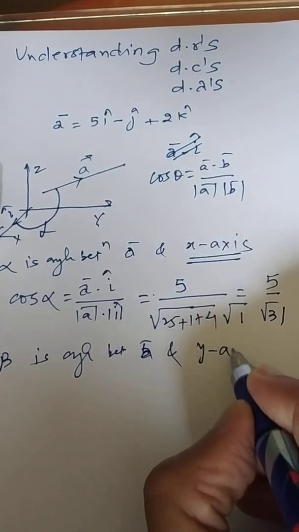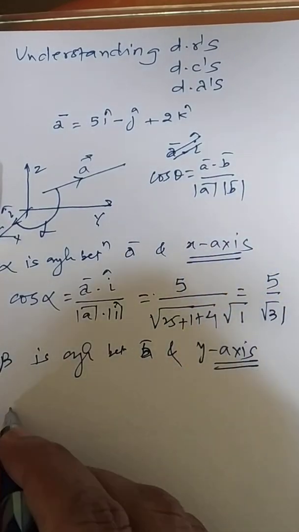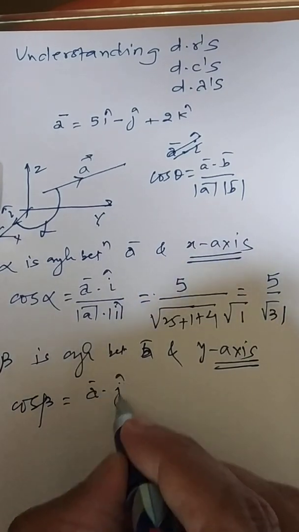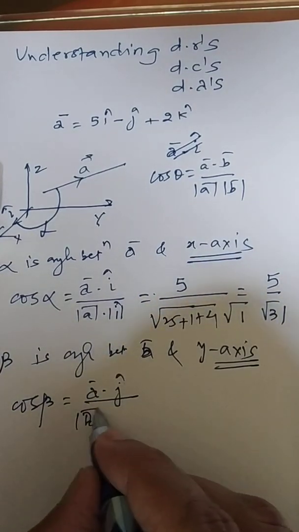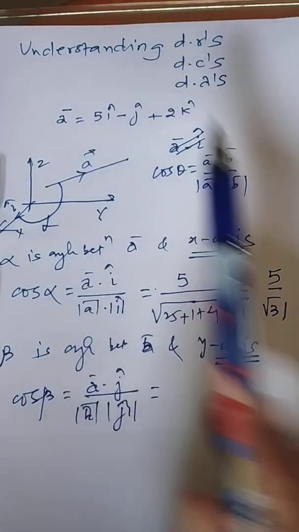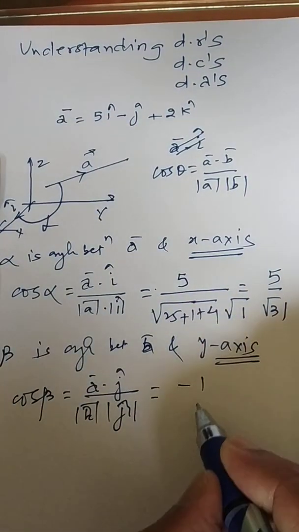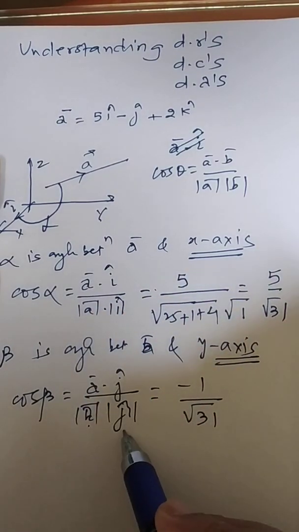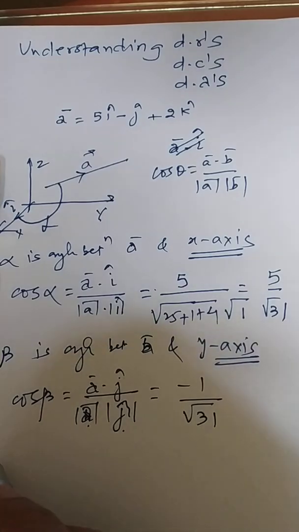Now beta is the angle between vector A and y-axis. So for y, I should take j, and the magnitude of A will be the same. If you take A dot j, here it will be minus 1, and this is not going to change: the magnitude of A and the magnitude of j.